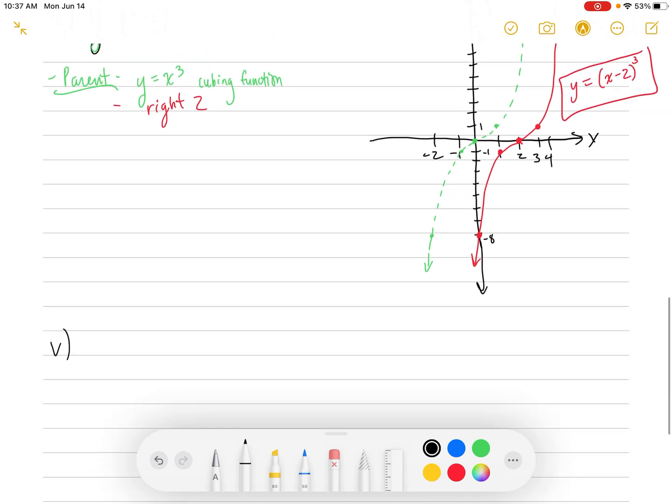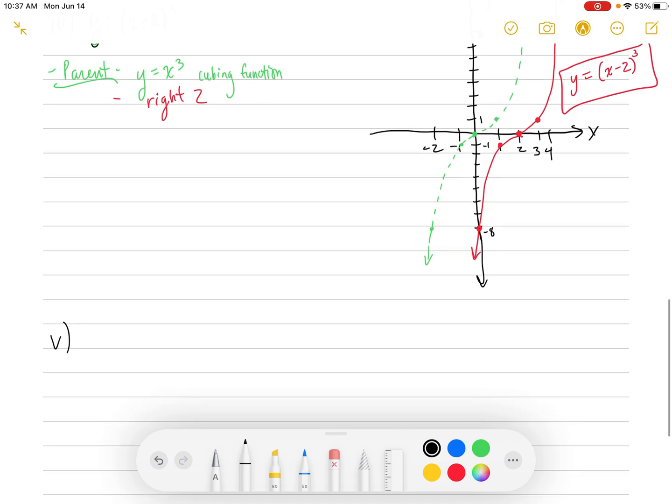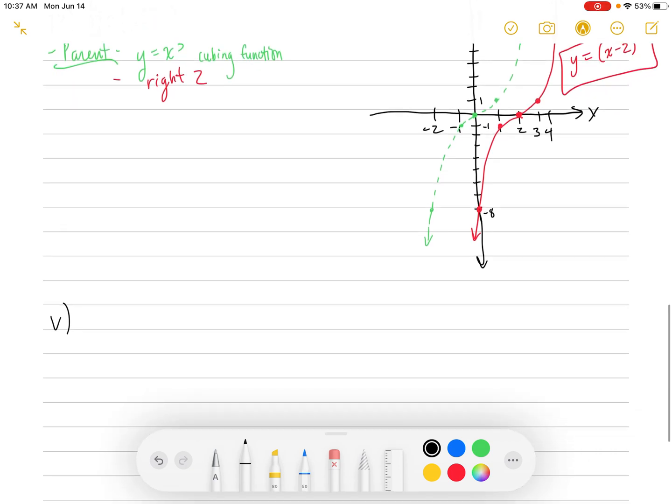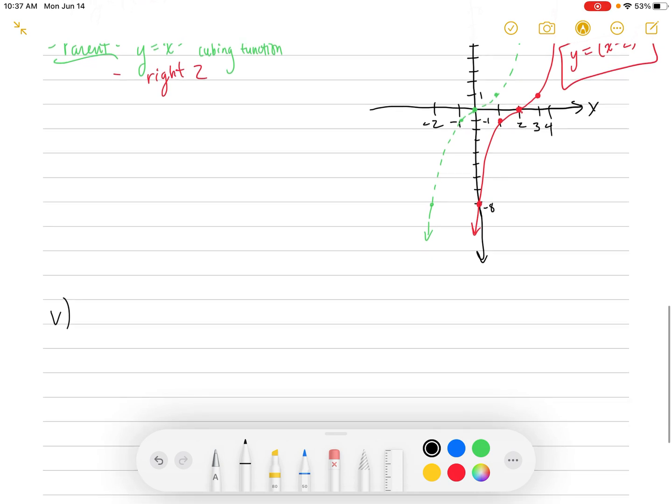Number 5. Guess I got y equals, what do I have here?